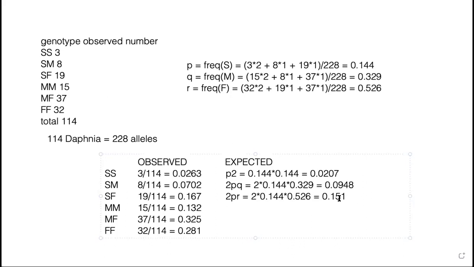The expected frequency of MMs is going to be Q squared, which is 0.329 times 0.329, and that is 0.108.